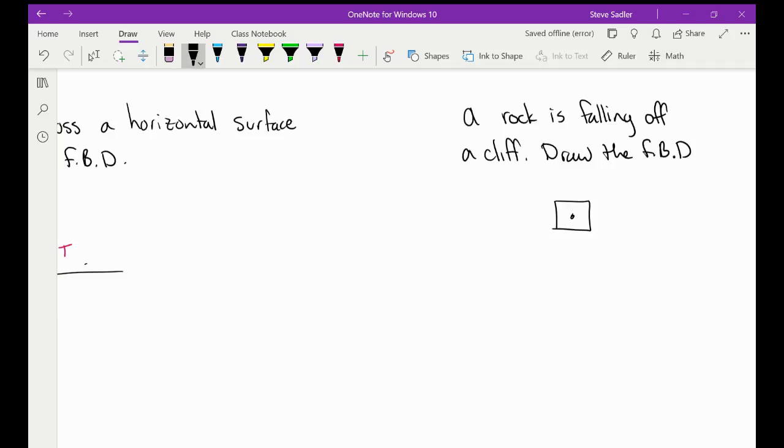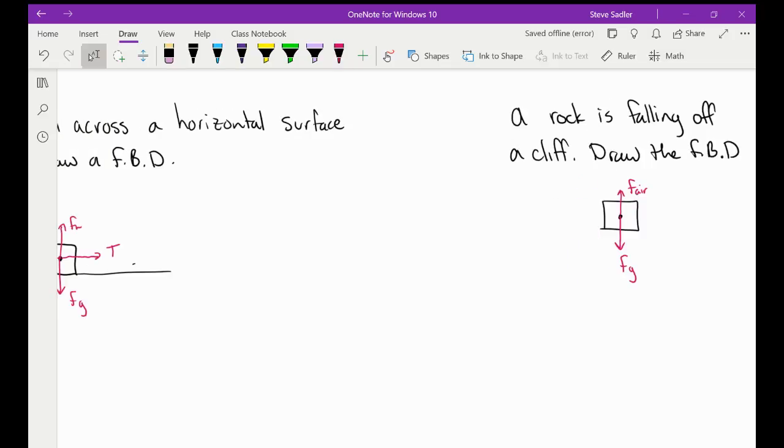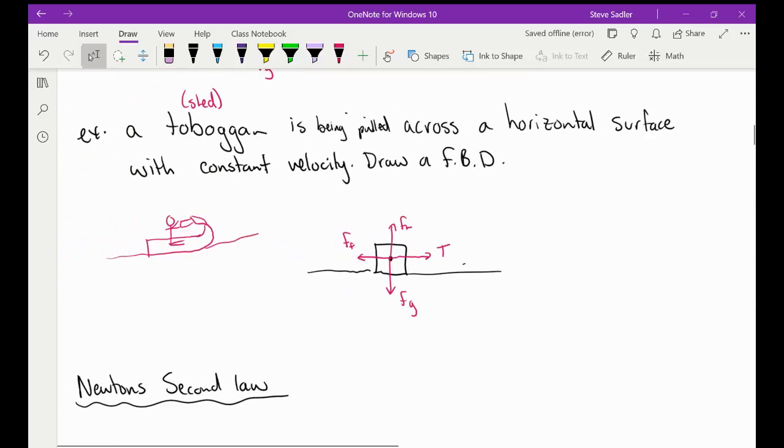It's falling off the cliff. So we know it's got a force of gravity on it. And if a rock is falling off a cliff, it will have a small bit of air resistance trying to slow it down. But other than that, that's the only thing. Only two forces acting on that rock. So it's not always going to have four. It might have two or one or three or whatever. But we will use free body diagrams for mostly every problem in this unit, and they will help.